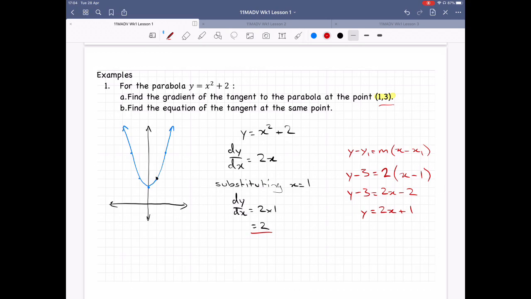So here we have our equation of the tangent at the point 1, 3, and we can see that lines up. We have the y-intercept of 1, and we see we have a rate of change of 2.